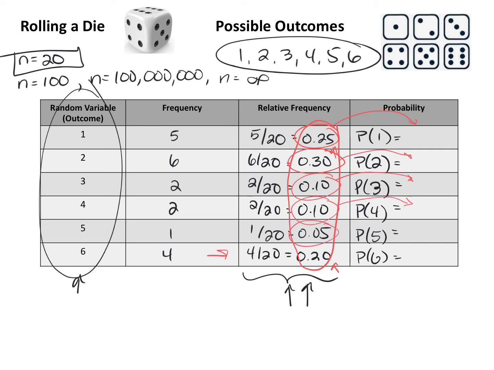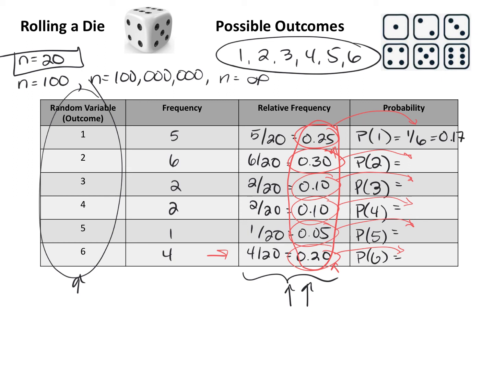So what is the actual probability of rolling a one? What's the true probability of rolling a die and getting a three, a four, a five, or a six? Over the long run, the probability of each event depends on what all the possible outcomes are in this situation. There are six possible outcomes. If rolling a one, two, three, four, five, or six all have the same chance, then my chance of rolling a one is eventually going to be 1 out of 6, or 0.17, or 17%.